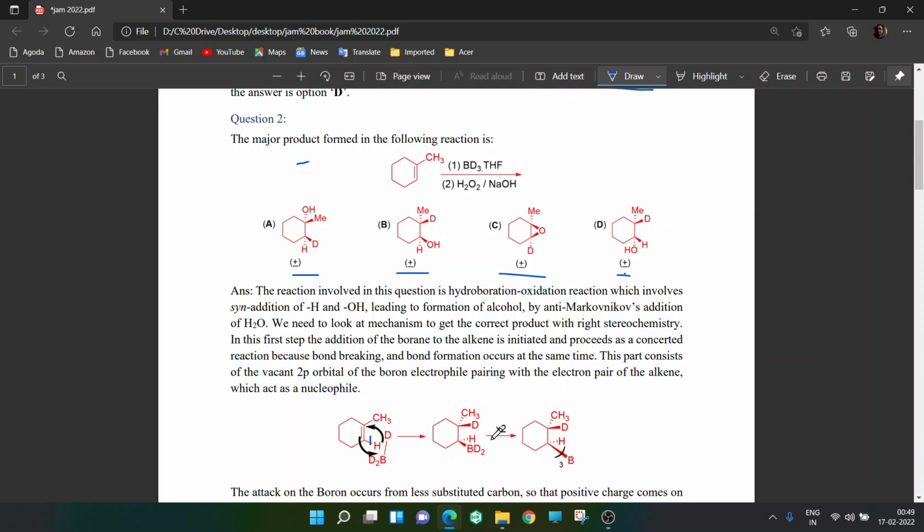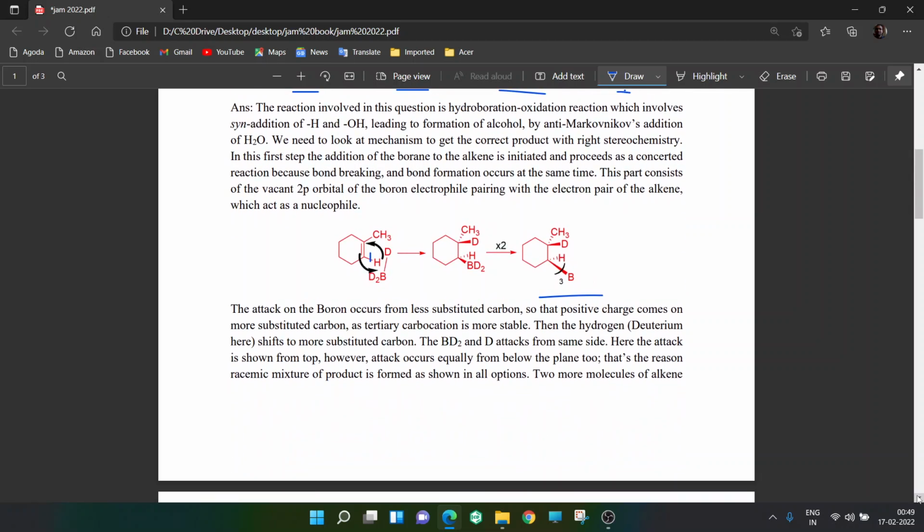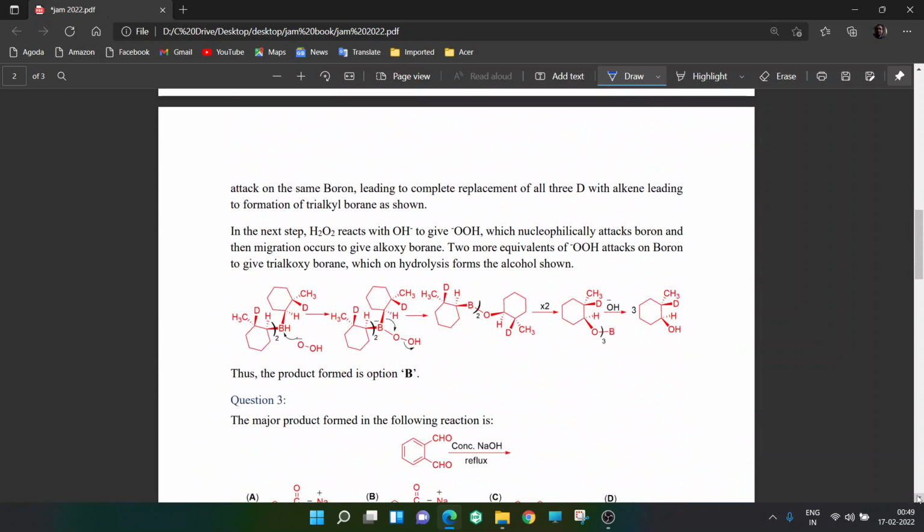This mechanism involves, two more times again, an alkene attacking the boron, and deuterium will come here, so you will get the same product. So thrice, you get a trialkyl borane. Next, H2O2 will attack.